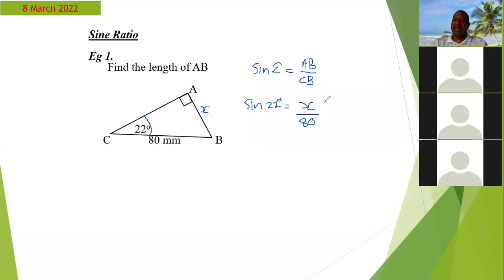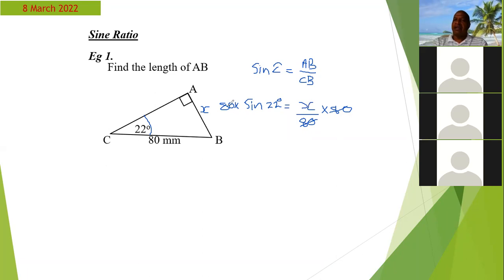If we multiply this side by 80, and we multiply this side by 80, this 80 will cancel out with the 80 in the denominator, and X will remain by itself on this side.